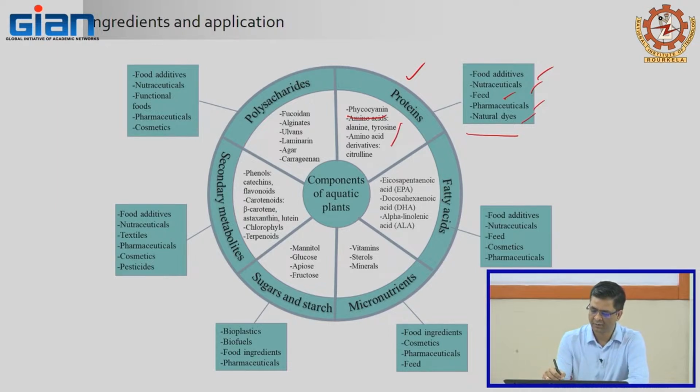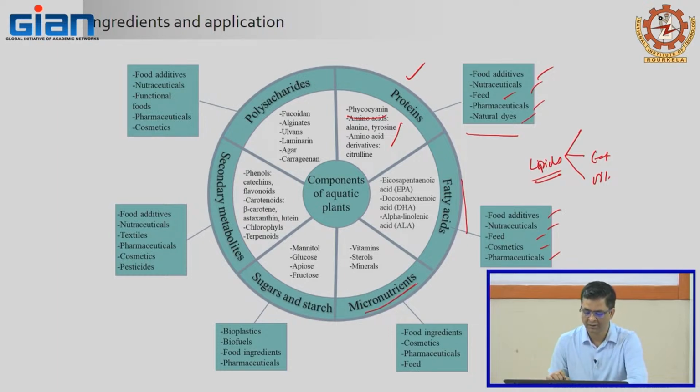Then you have different amino acids and fatty acids, that is again to know about lipids. These lipids contain your phospholipids, your fats, oils, and fatty acids. These again have similar applications depending upon the purpose. Then micronutrients, vitamins, sterols, and different minerals, for food ingredients, cosmetics, pharmaceuticals, feed.